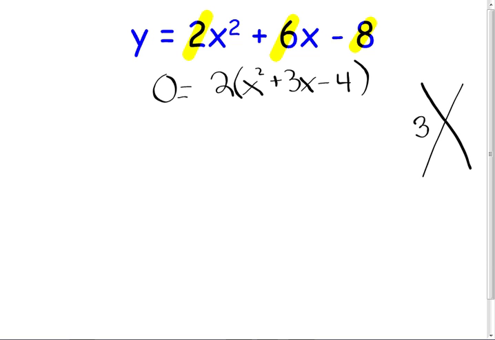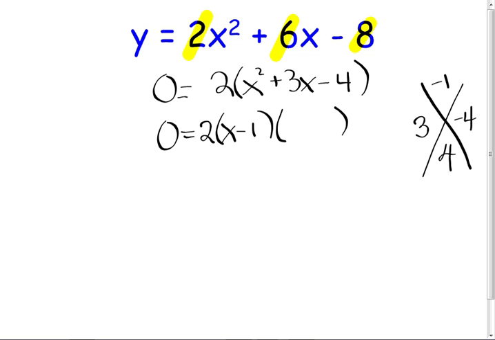I like this because it becomes really clear. I think of numbers that multiply to give me 4, which is 1 and 4 and 2 and 2, but subtract to give me 3. So it's x minus 1, x plus 4.